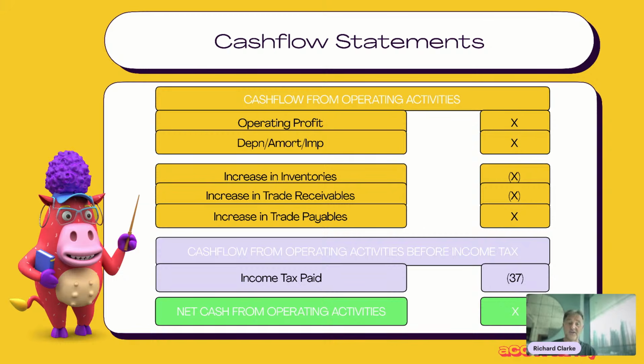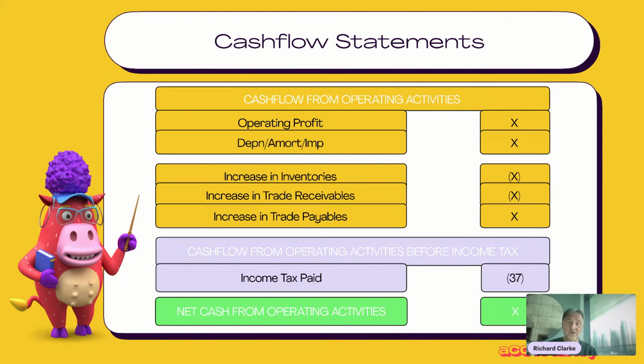Make sure you know the signs. All you really have to know is the inventories one and know that that's an asset. So if you know the increase in inventories is a negative because you've got less cash, then you know an increase in trade receivables is a negative because that's an asset. And you know increase in trade payables is a positive because that's a liability. So it's the opposite. Okay, and then income tax goes there.